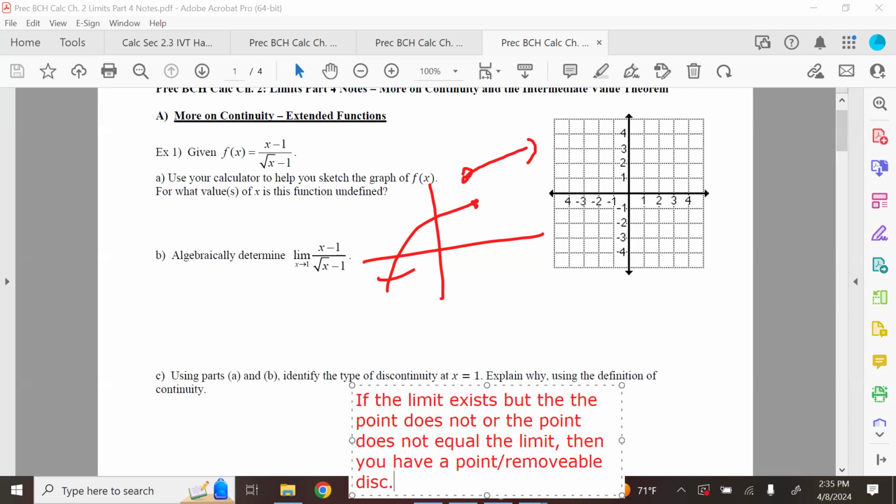In the case where the point does exist but doesn't equal the limit, that's also removable. Exactly, right. And we'll summarize that at the end.